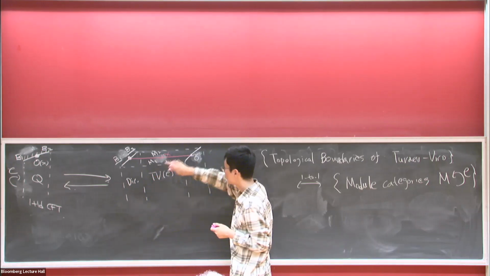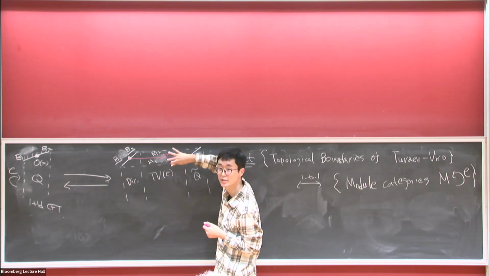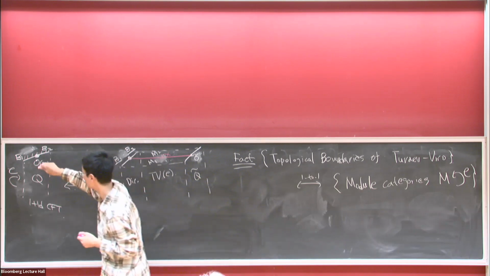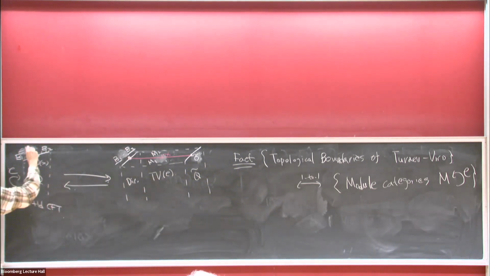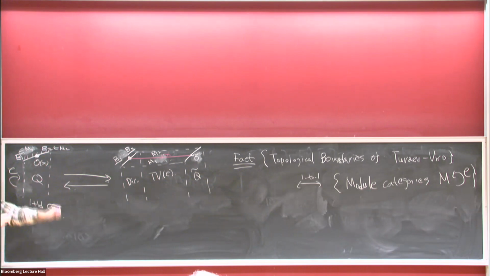So this alpha becomes a topological interface between two topological boundary conditions, M1 and M2 for this TQFT. So M1 and M2 on this side were the multiplets of boundary conditions for these two boundaries. M1 and M2 don't have to be the same necessarily.